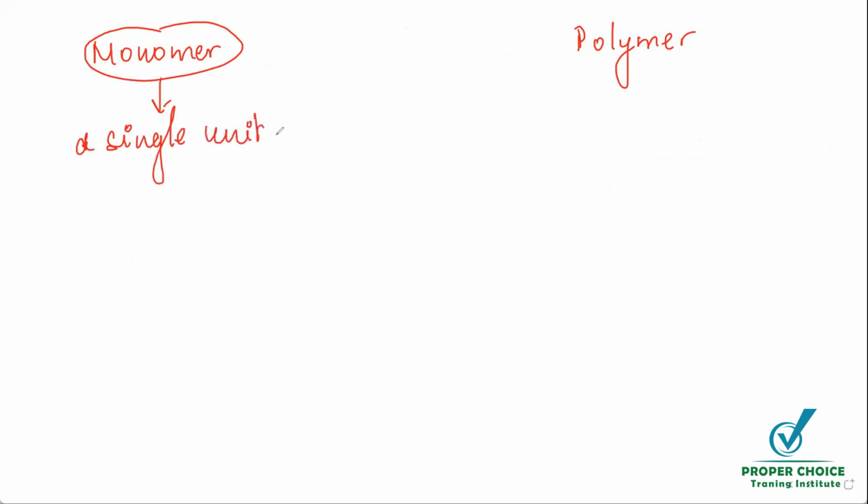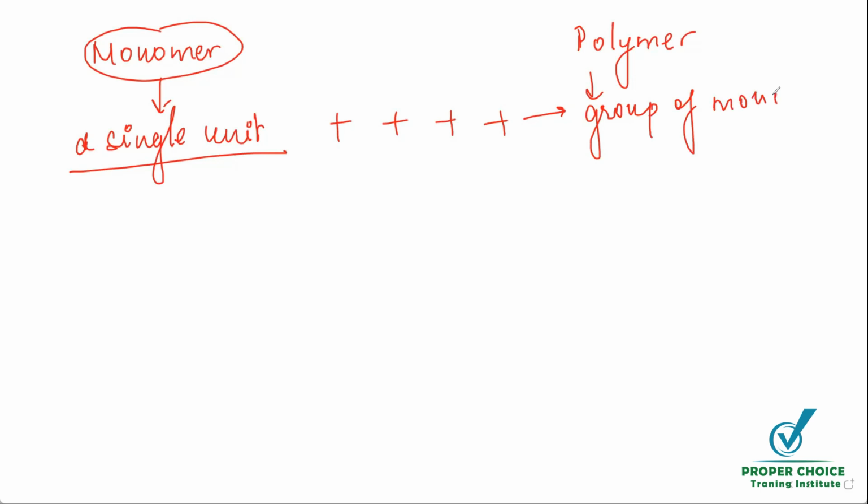Okay, and when many of these units combine, and then they make a group, and that group is referred as polymer. So polymer is the group of monomers. Okay, so a single unit is a monomer, and group of monomers, that is the polymer.